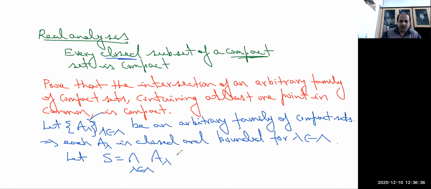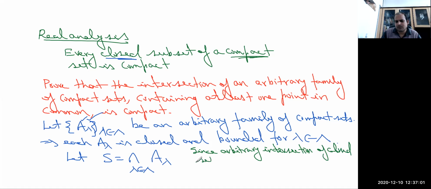Since each A lambda is closed, and we know that the arbitrary intersection of closed sets is a closed set, this implies that S is also closed.